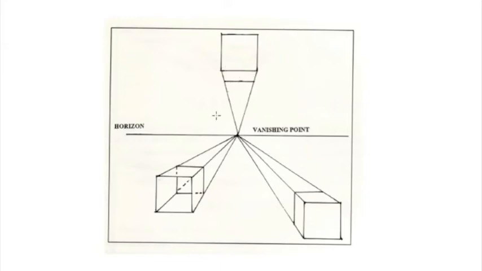So below eye level, things that are closer to you will be lower in the picture plane. Things that are above eye level, things that are closer will be higher in the picture plane. And that's kind of how we see things visually in everyday understanding.